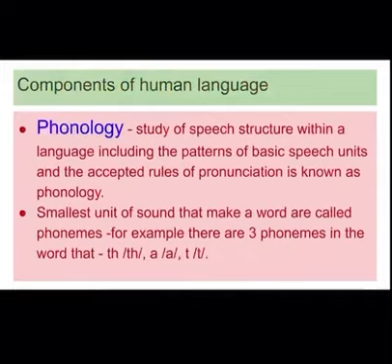The smallest unit of sound that makes up a language is called a phoneme. For example, the word that has three phonemes: th, a, and t. So this word, though, has 4 alphabets but has 3 sounds.